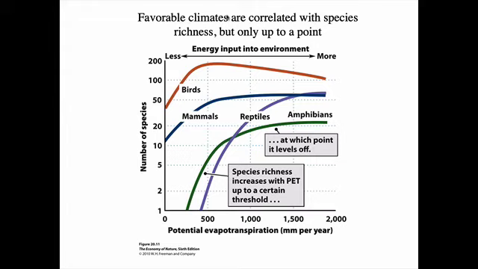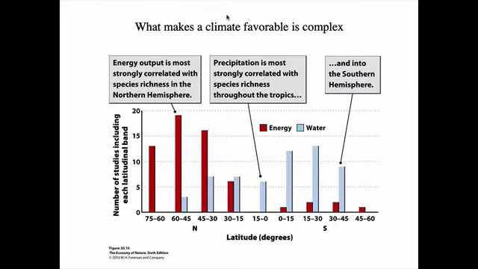The interesting thing is that you do see this increase with energy availability up to a point for all of them. Now, remember that the land area of the northern and southern hemispheres are quite different. A lot more land in the northern than in the southern hemisphere. That is reflected in what makes northern climates favorable and what makes southern climates favorable. They're a little bit different.